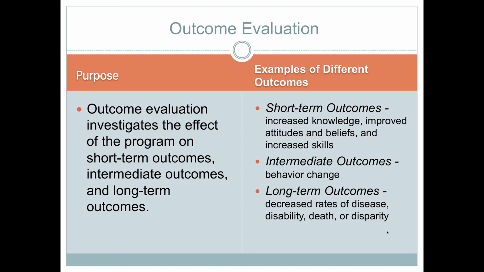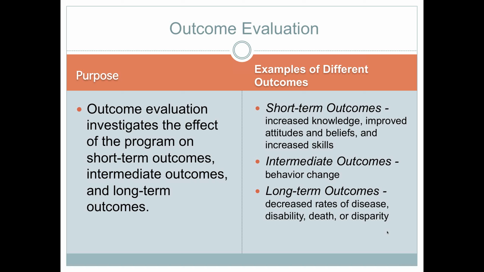So what you would see first are the short-term outcomes. As those short-term outcomes accrue over time, you see intermediate outcomes, and as intermediate outcomes accrue over time, you see the longer-term outcomes. So what you can measure first are the short-term outcomes, and then you need to have time pass for you to be able to measure the intermediate and the long-term outcomes.